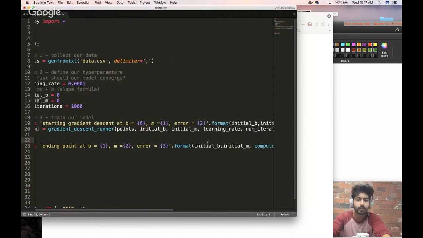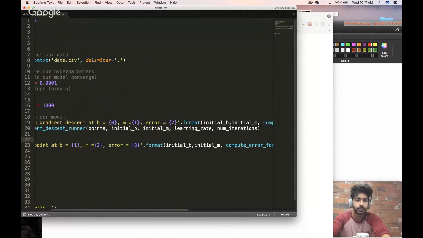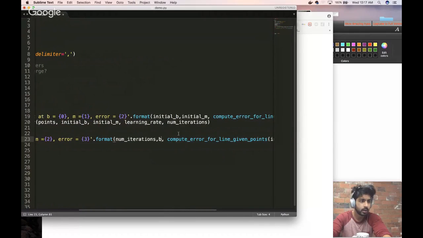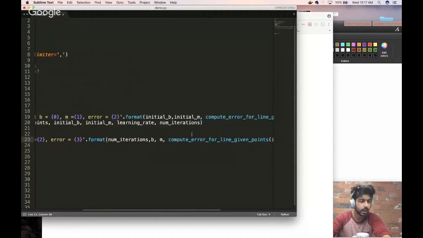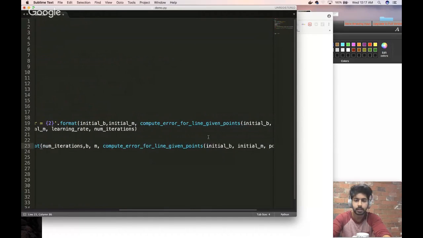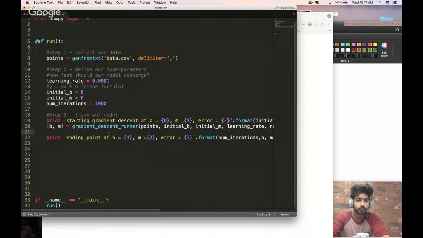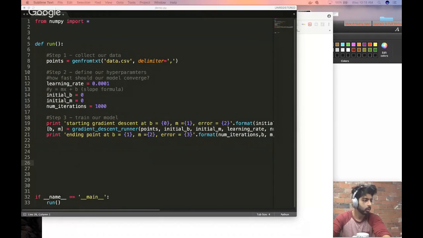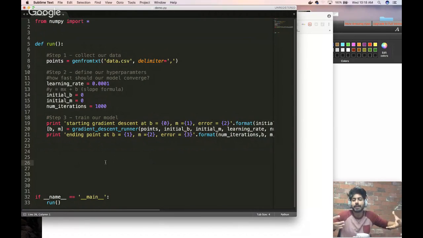These numbers just define what we're going to see at the end: the final b value, the final m value, and computing the error for line at given points with the final b, the final m, and our points. So that is, at a high level, what's happening here. All I did was print out the initial b and m value, which is nothing, and then the error, and then I computed the gradient descent, and then I printed out the final values.